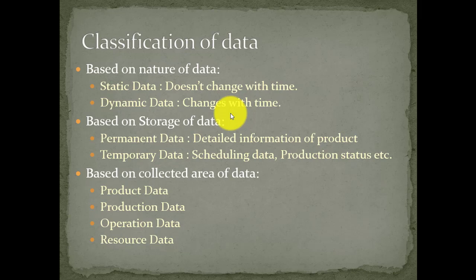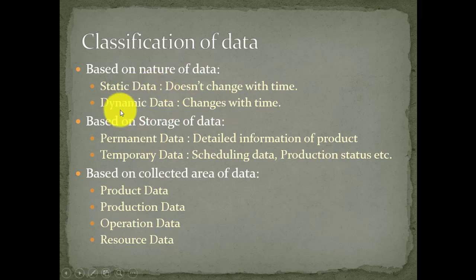So these things will not change, and this kind of data can be called static data. Whenever I store this data, I will not be required to change it. So that is static data.